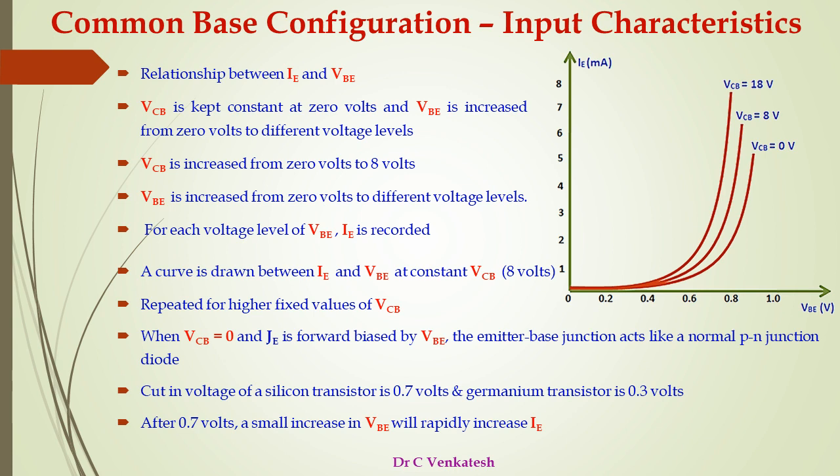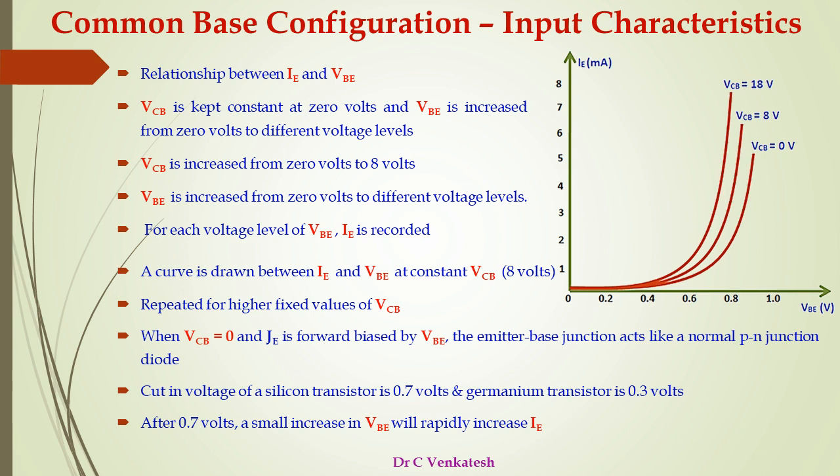The cut-in voltage of a silicon transistor is 0.7 volts and germanium transistor is 0.3 volts. In this case, it is a silicon transistor. So, from the above graph, we can see that after 0.7 volts, a small increase in input voltage VBE will rapidly increase the input current.